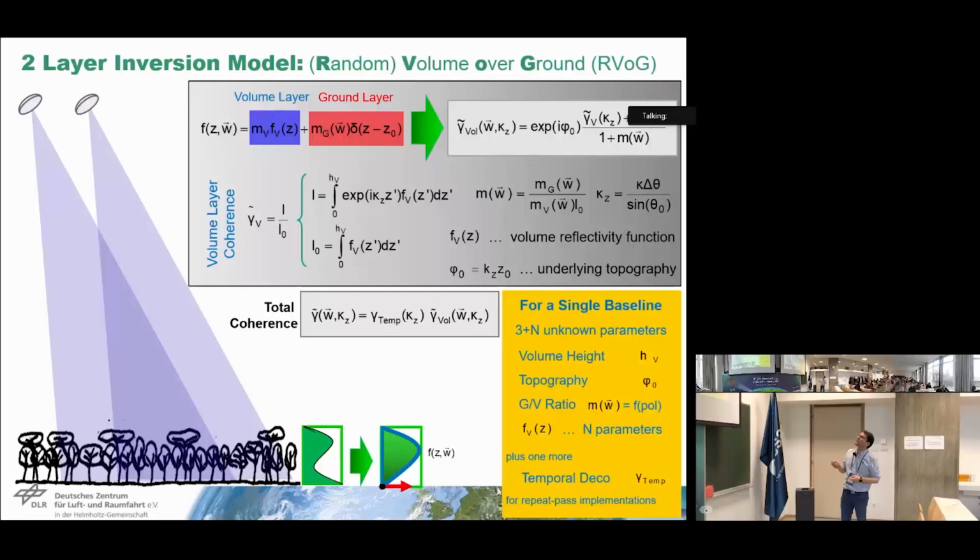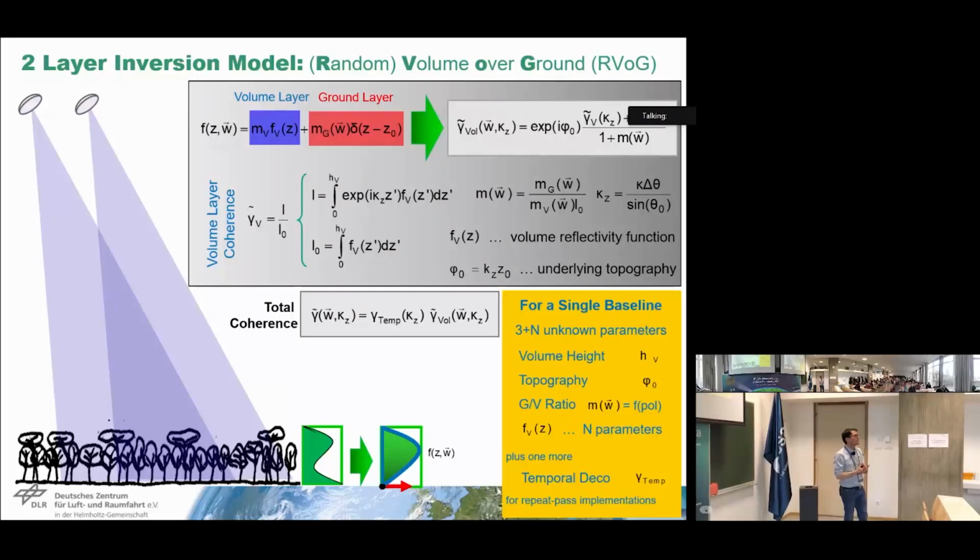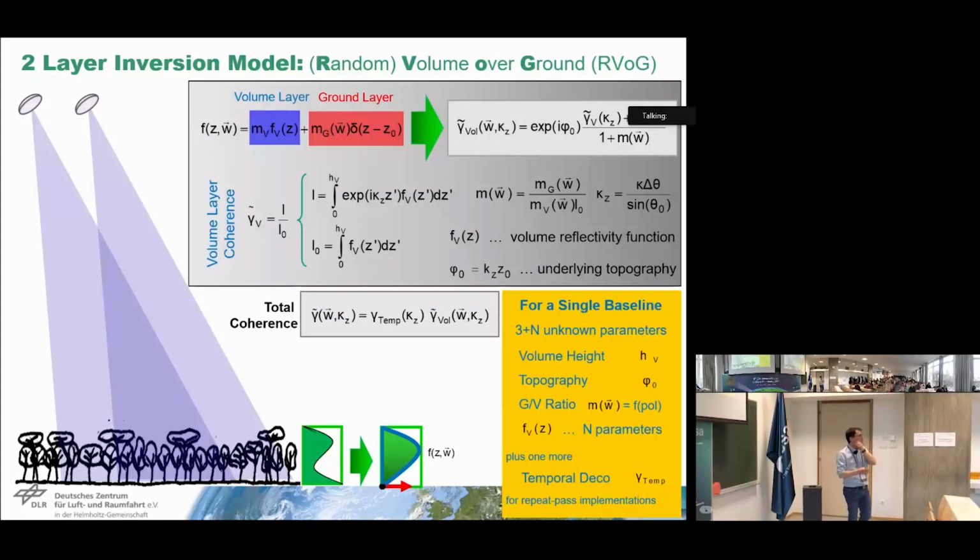The ground to volume ratio is an unknown. But here it depends on how many polarizations you have, because the ground to volume ratio, so the backscattering of the ground, depends on the polarization. We saw it before. You change polarization, you have a more or less strong ground. So with 3 polarizations, you are already at 3 ground to volume ratios. And then you have the other ones, so 5 parameters.